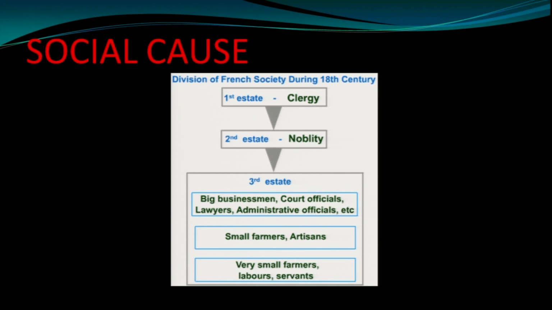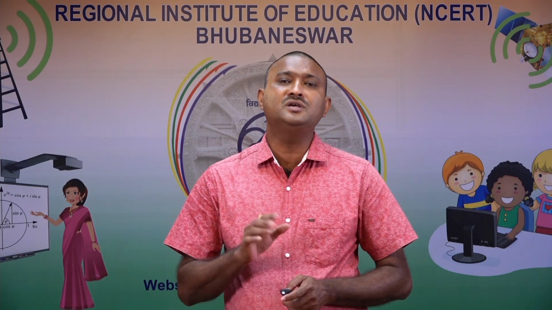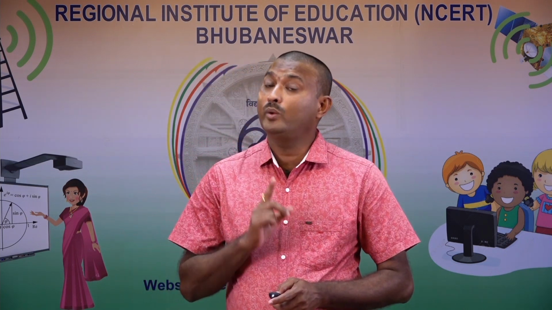The second category were small farmers and artisans. And the lowest category of the third estate were very small farmers, laborers, and servants. In this way, the third estate consists of three categories. Why have I told you the lowest category? Because the third estate itself consists of rich and poor people.